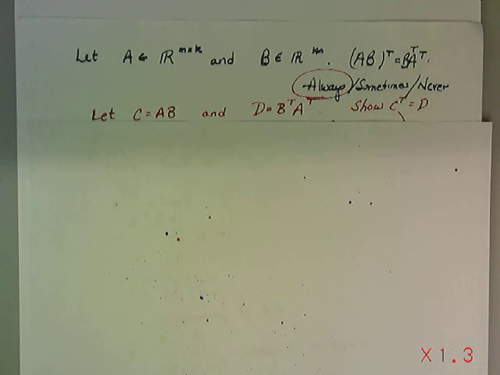I recall that the ijth entry in C is the jith entry in C transpose. So to show this, I need to show that for any i and j, the ijth entry in C matches the jith entry in D. That's my strategy.